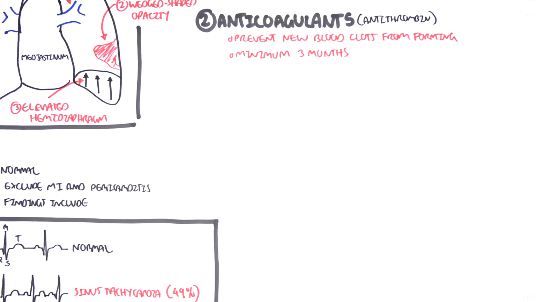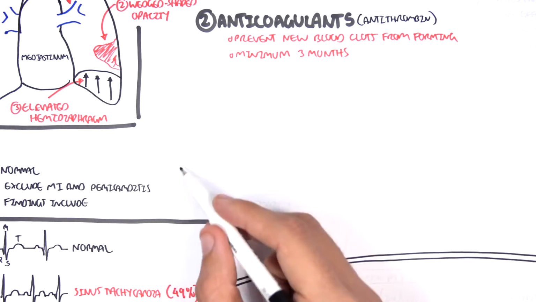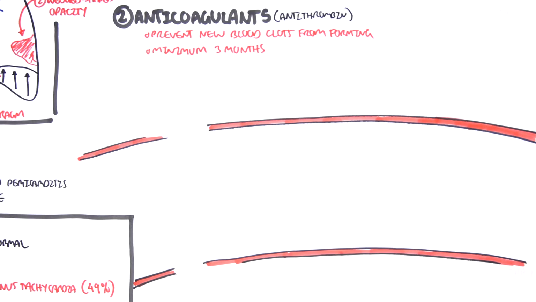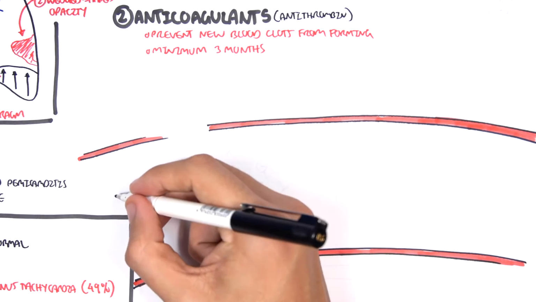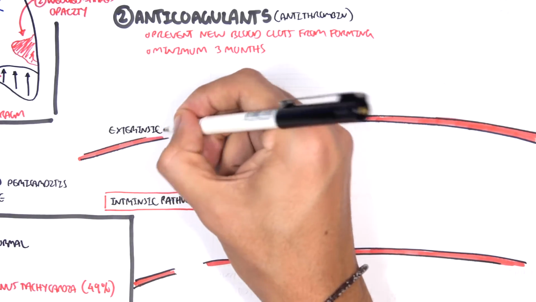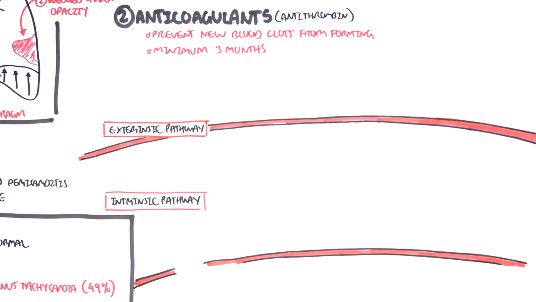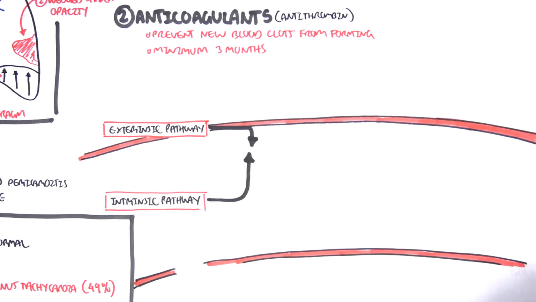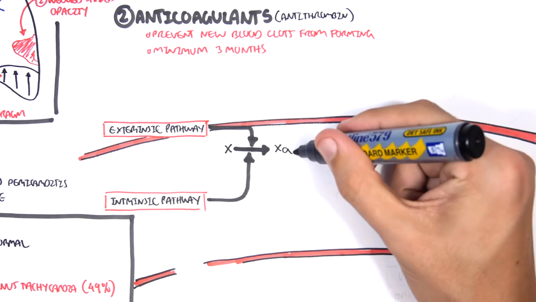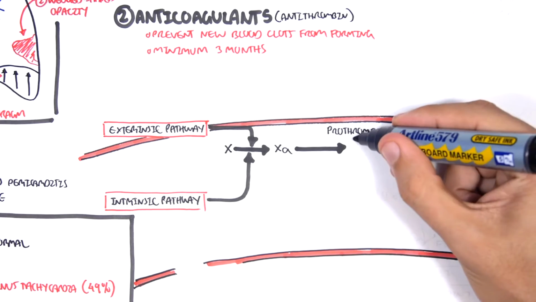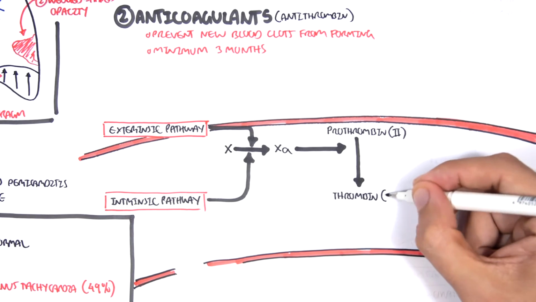So before introducing these anticoagulants and their mechanism of action, it's actually important to revise what the coagulation cascade is, just in a simplified diagram. So here I'm drawing a blood vessel. Now the coagulation cascade can begin either from an intrinsic pathway, from within, or from an extrinsic pathway when there's damaged tissue. Either way, the intrinsic and extrinsic pathway will lead to a common pathway, which will help convert clotting factor 10 to 10A. 10A then will convert prothrombin, which is clotting factor 2, to thrombin, clotting factor 2A.